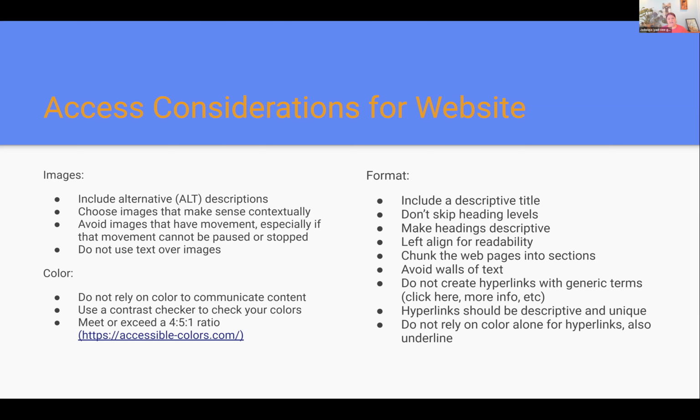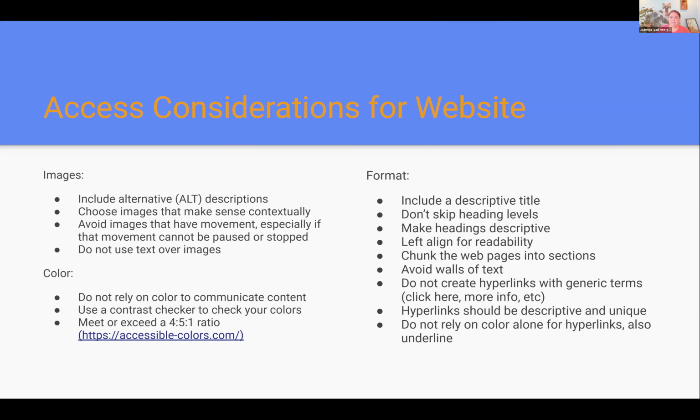You need to chunk the web pages into sections and avoid walls of text. Do not create hyperlinks with generic terms. And I do this all the time. Click here, more info. On any number of pages, it could say click here as a link to something. And it could be on there 5 times for 5 different things.